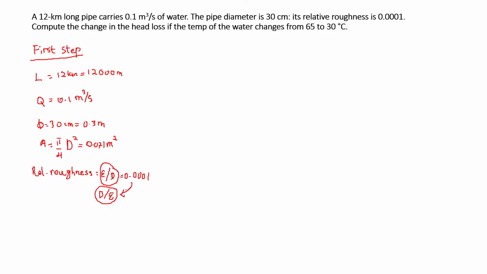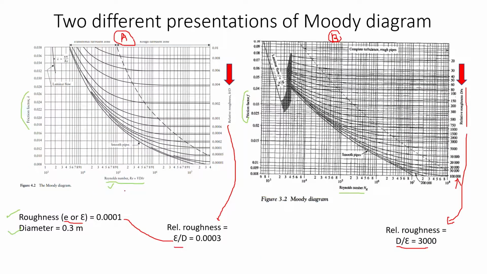Okay, let's check. So you see here, epsilon over D or D over epsilon. If you have D over epsilon, the value will be large. It will be in this kind of number, like 3000. But for the case of having this kind of number, 0.0003, and in our previous case, it was like 0.0001, we should use this Moody diagram instead of using this.